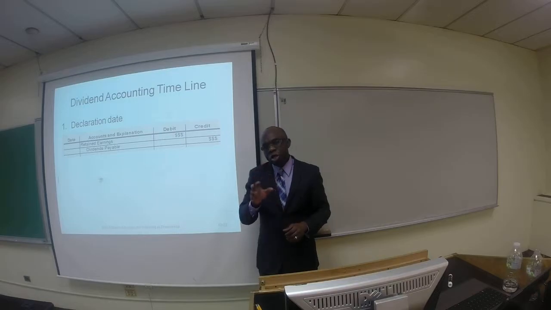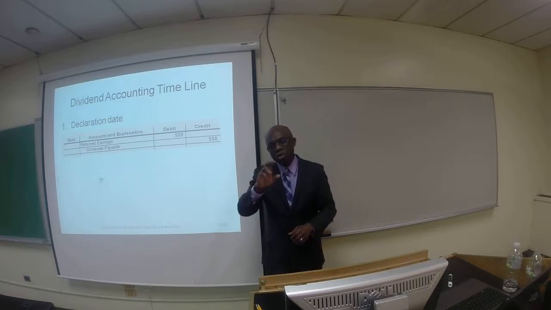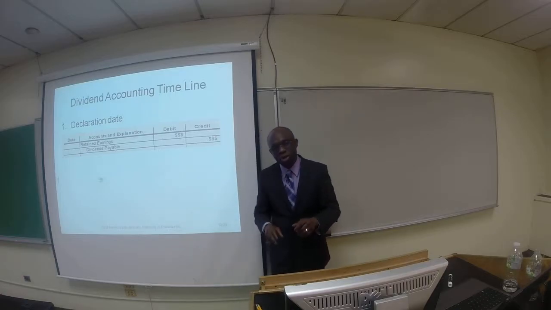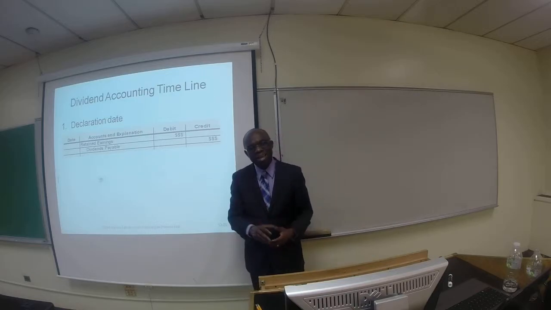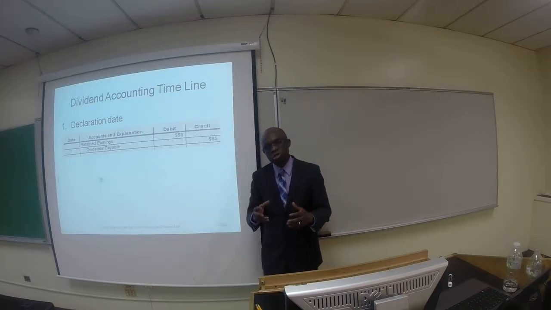Remember the closing process. We close out the revenues into income summary, close out the expenses into income summary, and eventually we close out the income summary into retained earnings. So retained earnings comes from the profit of the company.